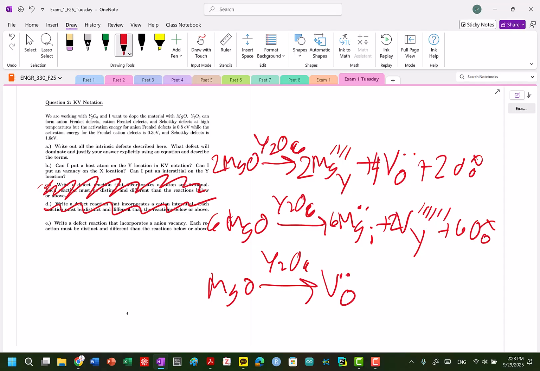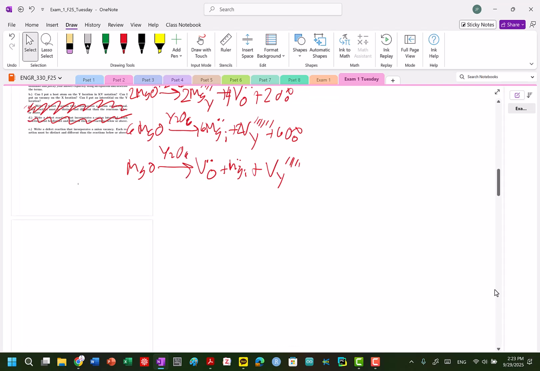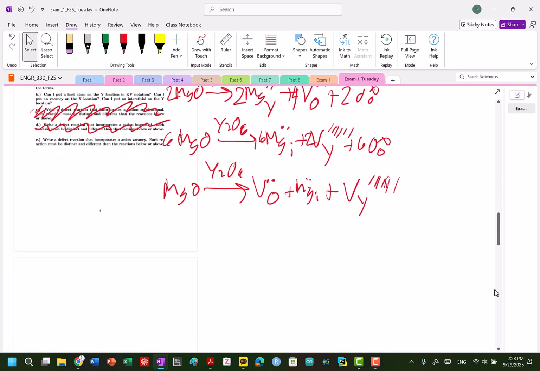Let's do this. Plus Mg on the interstitial, that's 2. Then I'm going to do vacancy in the Y, minus 1, 2, 3, 4, 5, 6. I'm always getting off the edge here. So I know I'm going to need at least 2 of these.